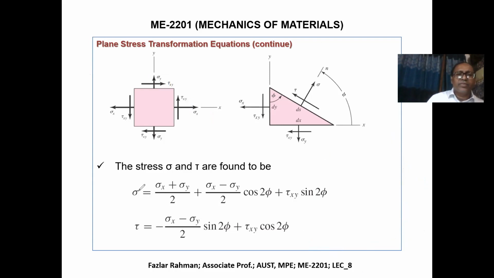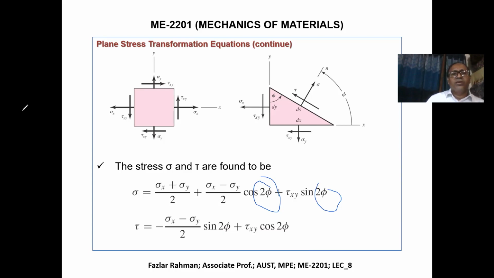Now you see this sigma value and this tau value vary with angle phi. This angle might be 10 degrees, 20 degrees, you can cut at 70 degrees, 90 degrees. Then each time you'll get a different value of tau. Okay.